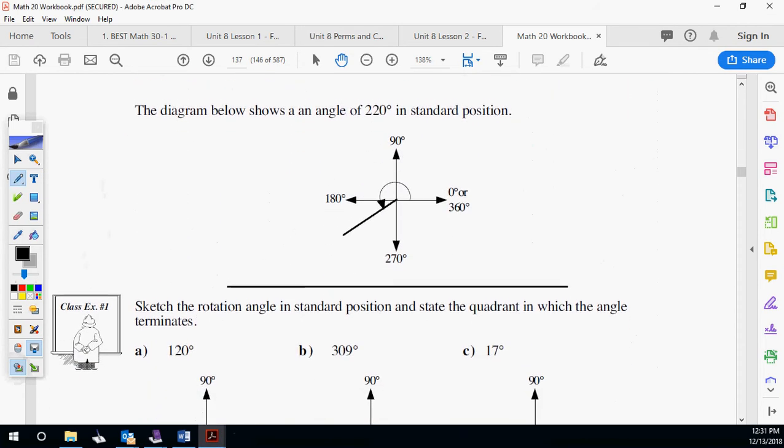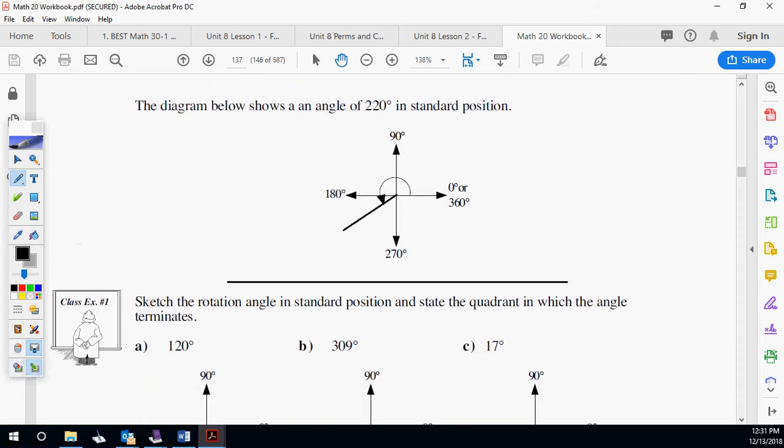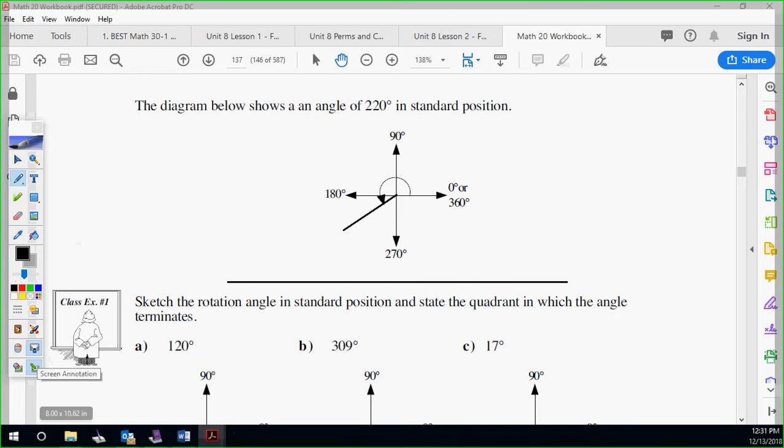Okay. So the diagram below shows the angle of 220 in standard position. So how this is figured out, just so you know, 90, 180, another 40. That's 220. Go ahead and try example 1 on your own before I do them.